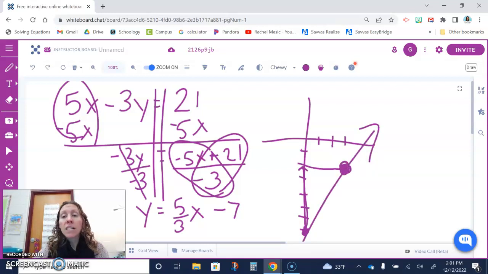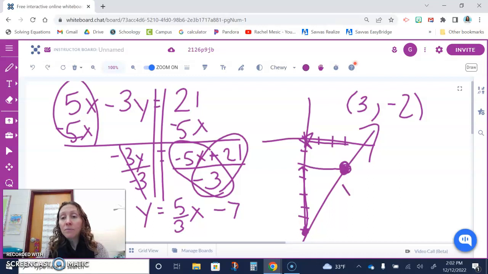We're going to use the coordinates of this point for the next equation. So if we start here at the origin, we're going to go over 3, hop in the elevator, and we're going to go down 2 to get to that point.